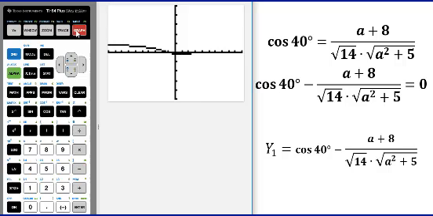Then check the graph. You could see this graph intersects this axis twice, over here and over here, which means you have two roots. One kind of like a positive, the other is a negative.